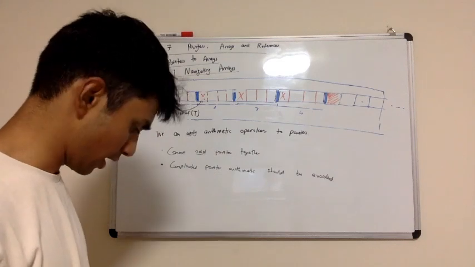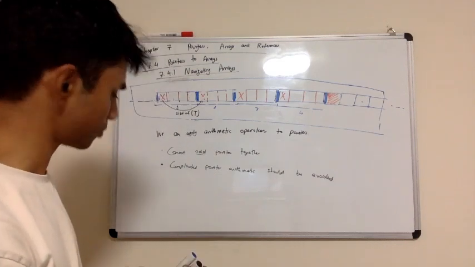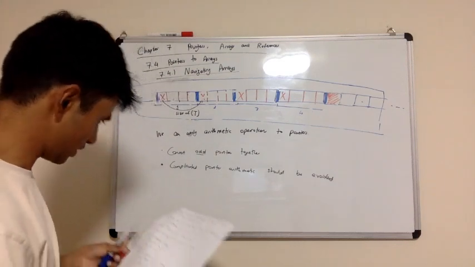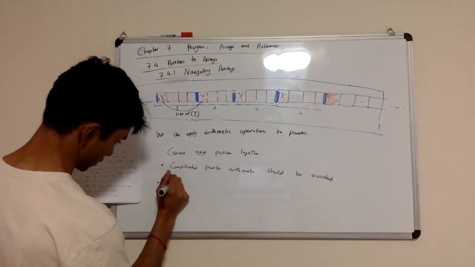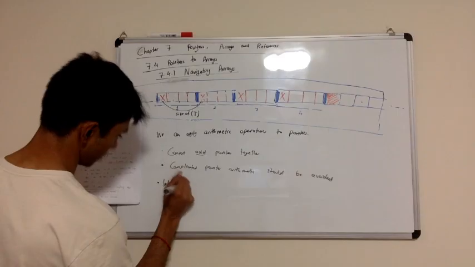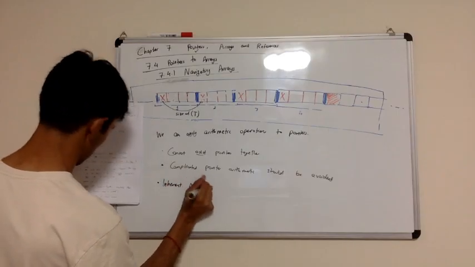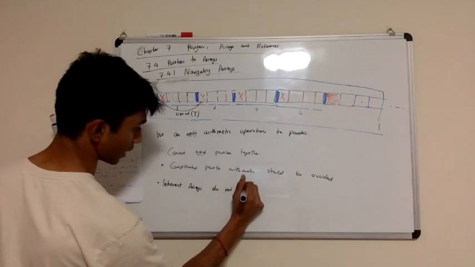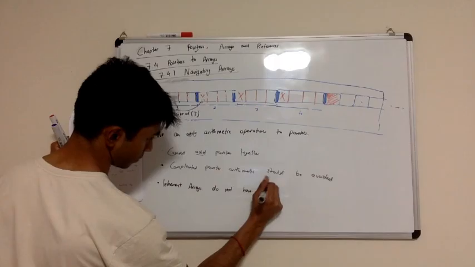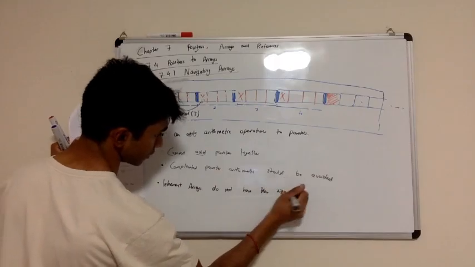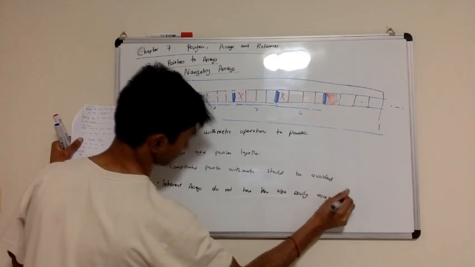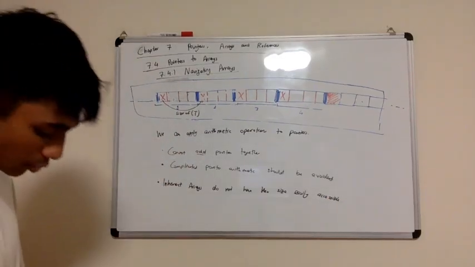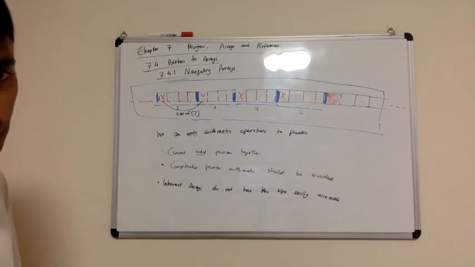Okay, and I guess the last thing, it's kind of abrupt, but it doesn't really have anything to do with pointers anymore. The inherent arrays, the low-level basic arrays that we've been talking about, do not have their size easily accessible. So as the programmer, you have to keep track of what the size of an array is.